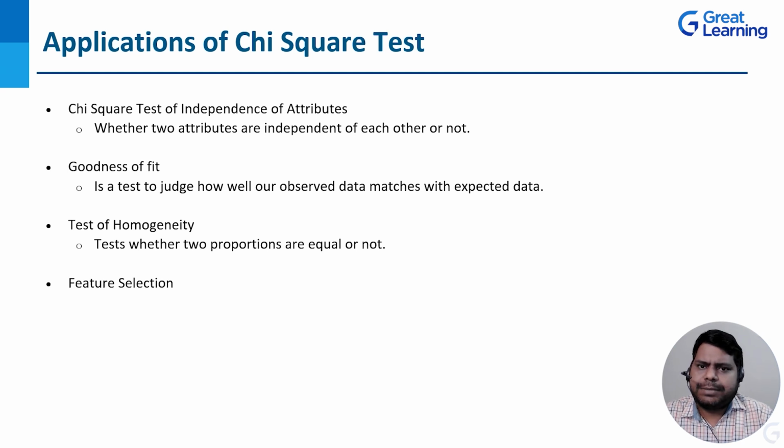Similarly, the fourth application is feature selection. When we train a machine learning model or any statistical model, feature selection is one of the vital and most important steps. In feature selection, we select all the features.